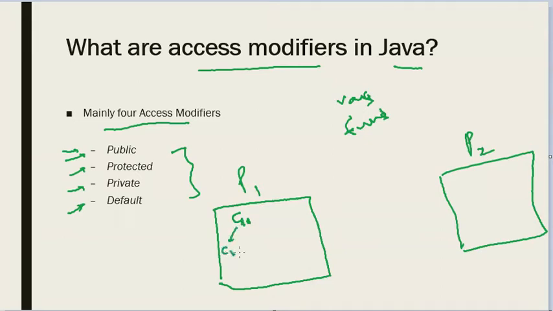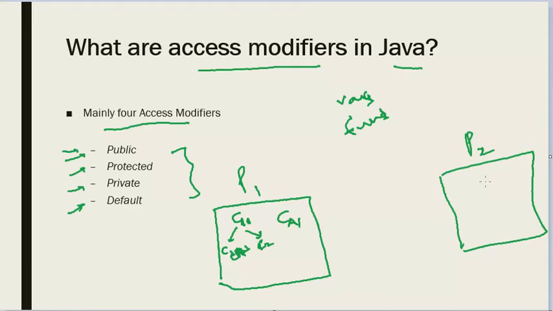C11 has children, let's keep it simple: C1 and C2. And then we have another independent class called CA1.